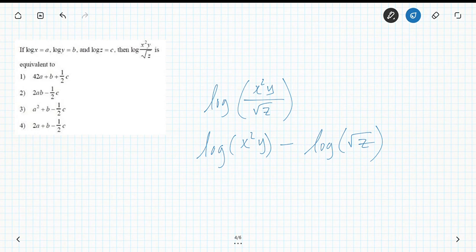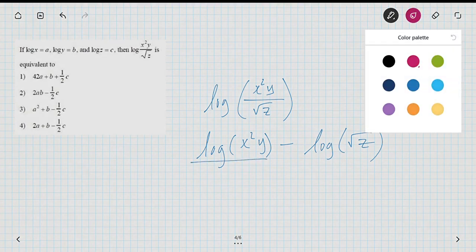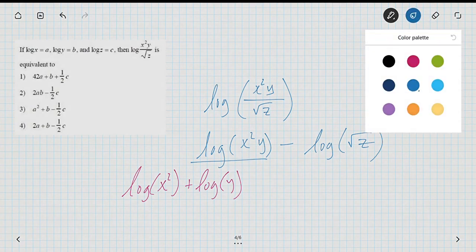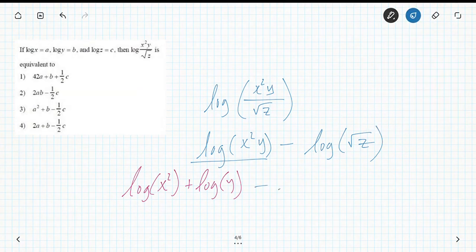And now the next thing I can do is express the very first term as a sum. So I will write log of x squared plus the log of y. Okay, and then I'm going to tag on my third term, so it's going to be the log of the square root of z.